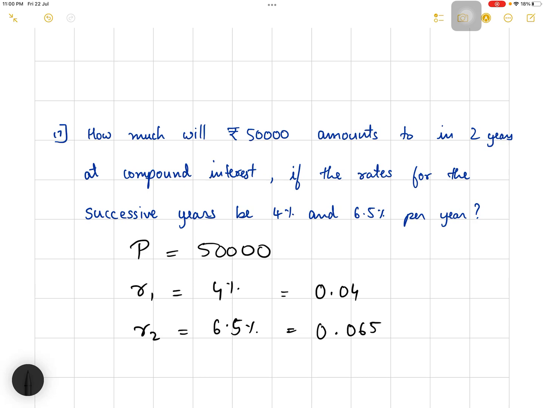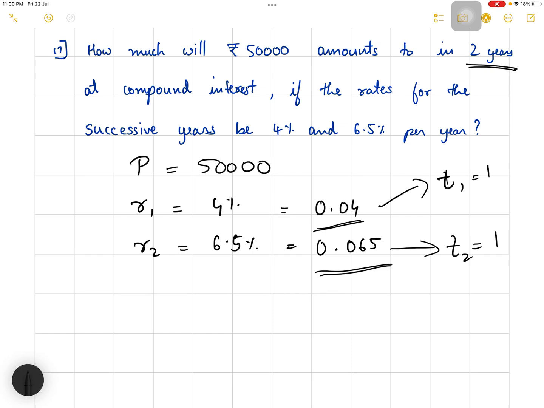Here my T is 2 years. 4% is for year 1, so 1 year, and 6.5% is also for 1 year, so my T1 is 1 and T2 is also 1.